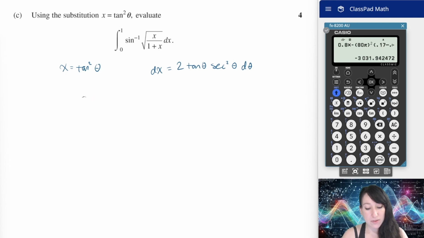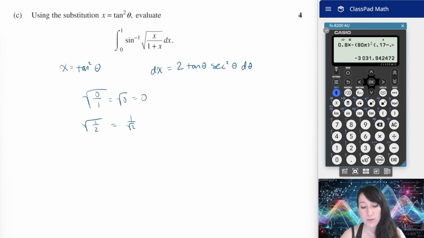At 0, the square root of 0 over 1 is 0. And then at 1, it's going to be the square root of 1 over 2, 1 over root 2. So if that's what's going to go into sine inverse, we're going to be producing angles from 0 to pi over 4.